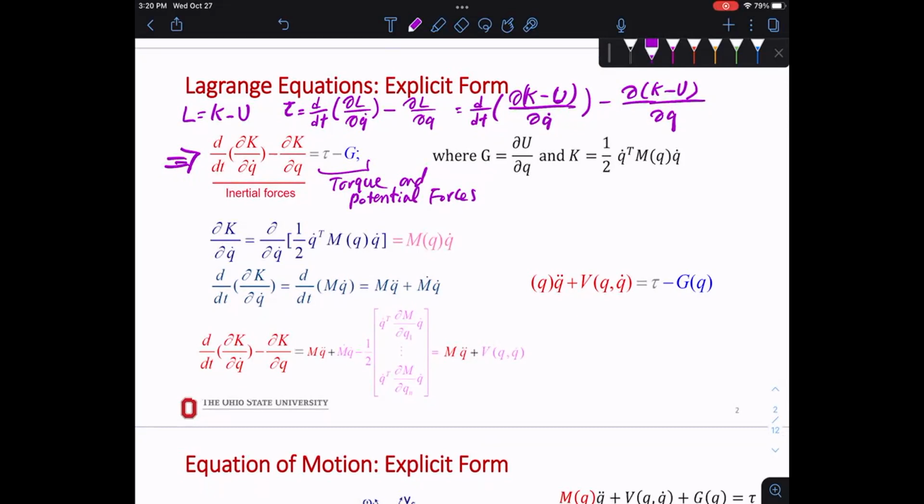Before that, if you remember, we said we can represent kinetic energy for our multi-body system as 1/2 q dot transpose M(q) q dot. M(q) is our mass matrix, right? q dot is the velocity of our joint variables. That's a quadratic form.